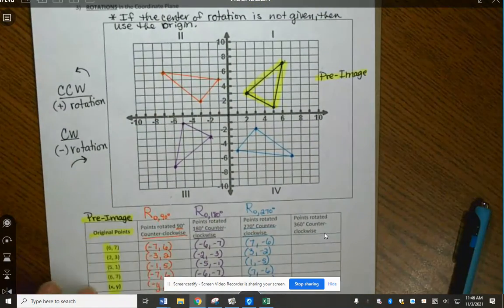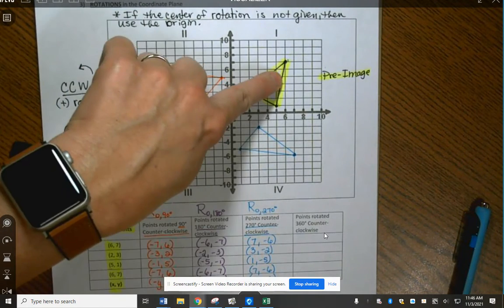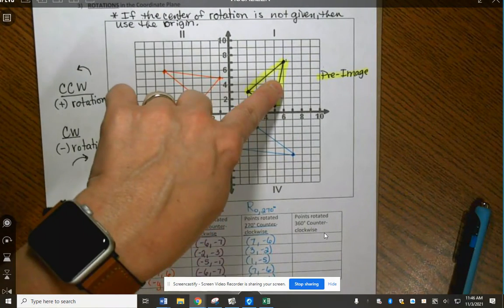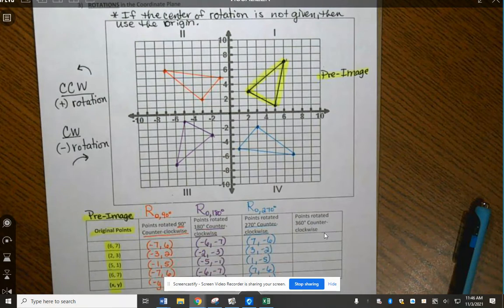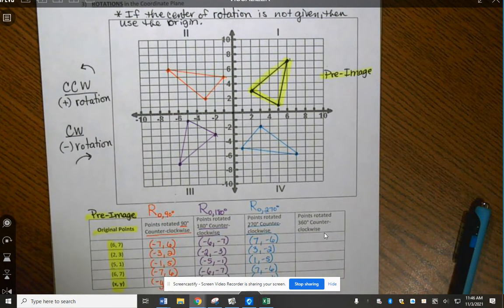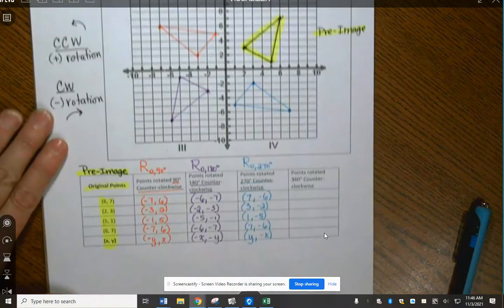So we've taken the pre-image and rotated it 90 degrees, 180 degrees, and 270 degrees. Those all went counterclockwise. Now, if I continue to rotate another 90 degrees, that's going to give me a full rotation, and it's going to bring me back to my pre-image.